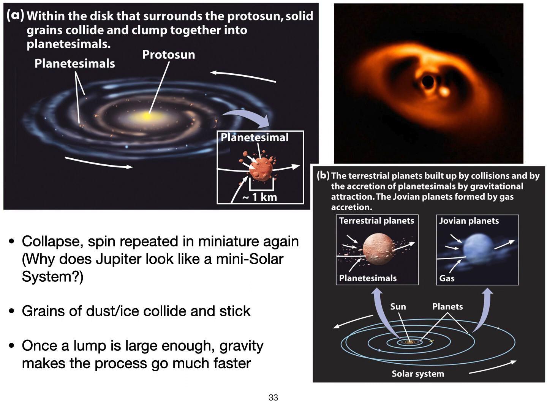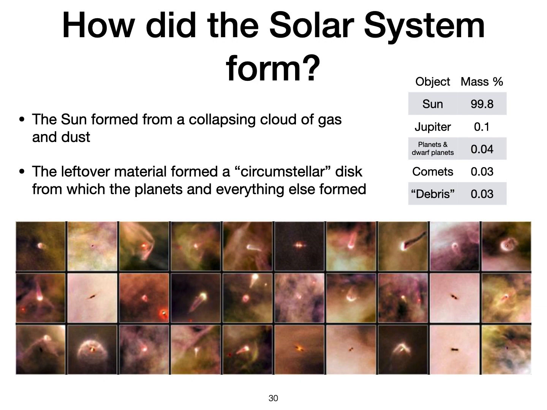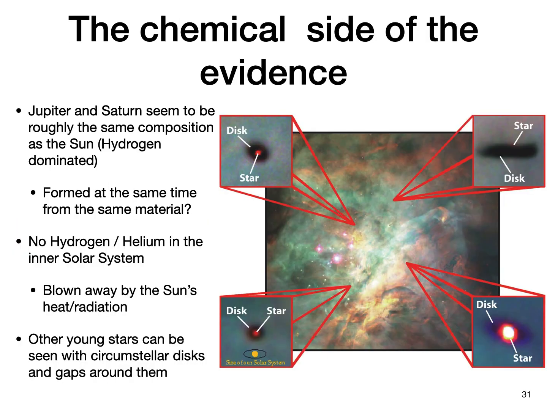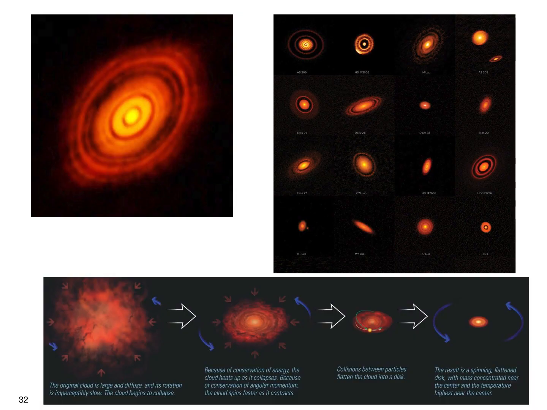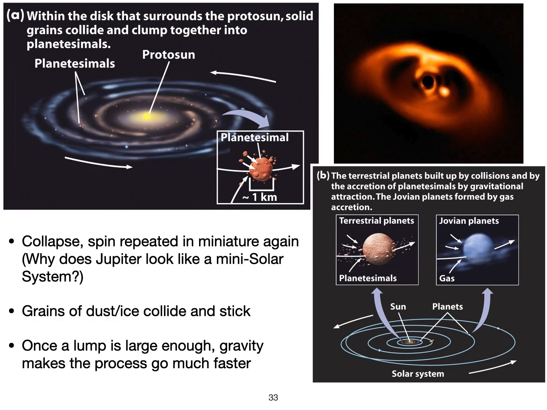And so you can have many of these disks embedded, like you saw in the Orion Nebula, just a couple like this or like this. And in each of those individual disks, you could have pieces of that disk again collapse and flatten and spin in miniature again to form planetesimals, or the seeds or the beginnings of planets, which is why, say, Jupiter looks like a mini solar system, and so does Saturn, and so on.